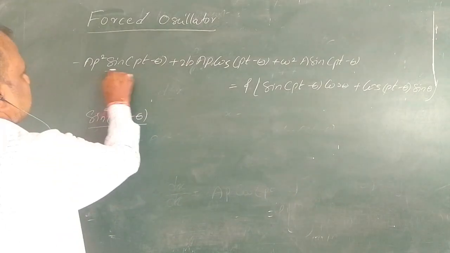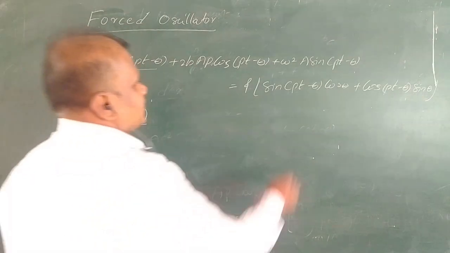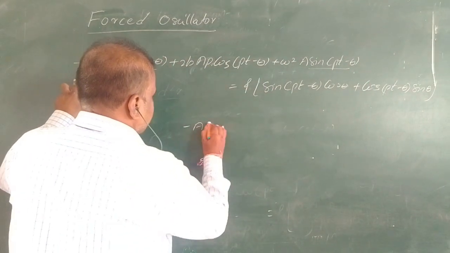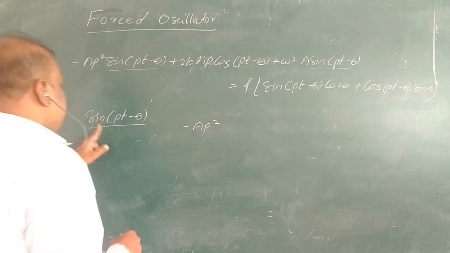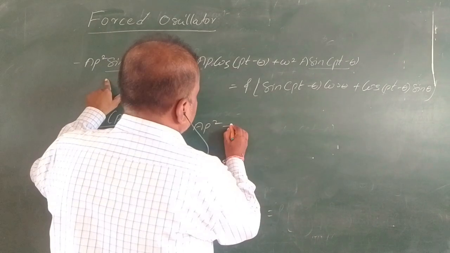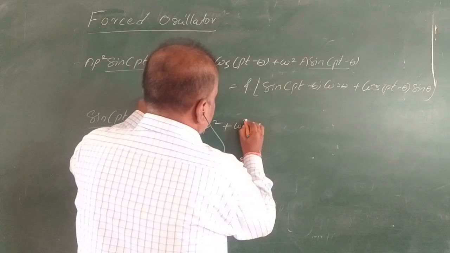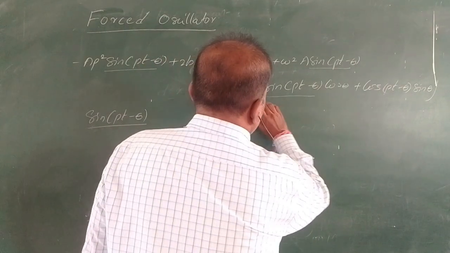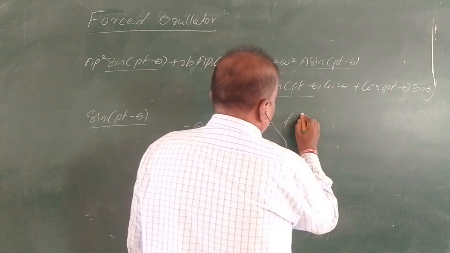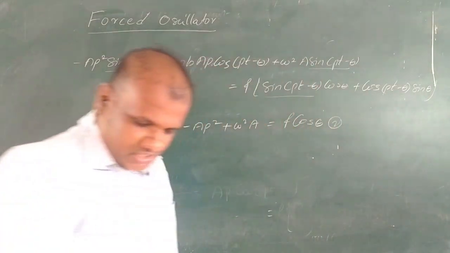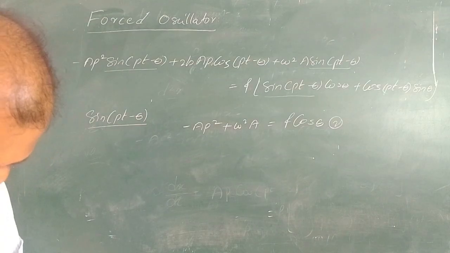On the left hand side we have minus a p square plus omega square a, which equals, on the right hand side, f cos theta. I am going to take this as equation number 2.